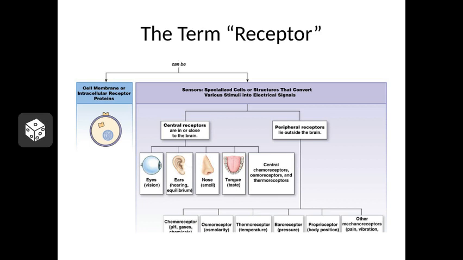So that's one kind of receptor. It is a sensor. But the kind of receptor we are talking about here is a receptor protein that is either embedded in the cell membrane or found inside the cell. So just keep that clear. A lot of times I make the distinction between a chemical or ligand receptor and a sensory receptor.